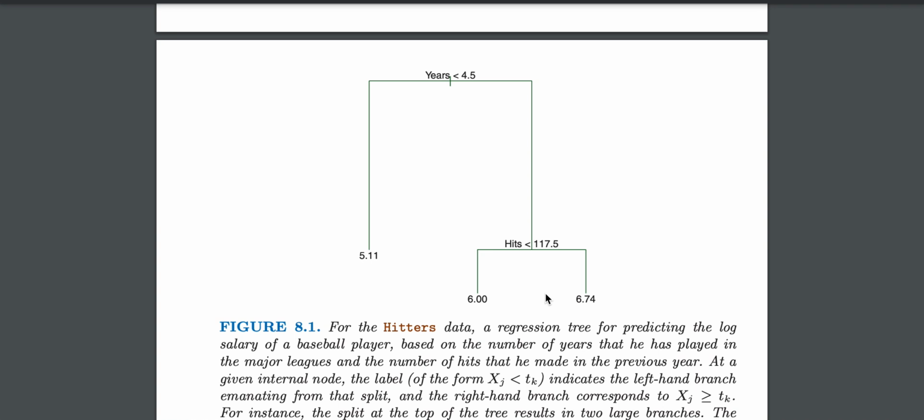And each of these approaches involve producing multiple trees, which are combined to yield a single prediction. The problem is then that if you have many trees, we will lose the interpretability.